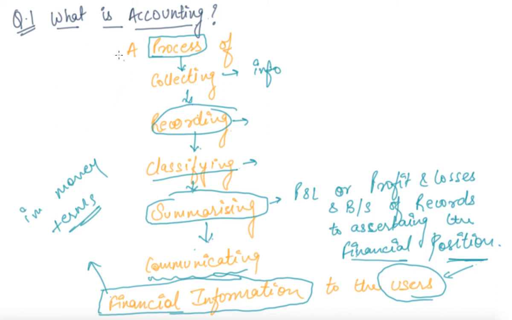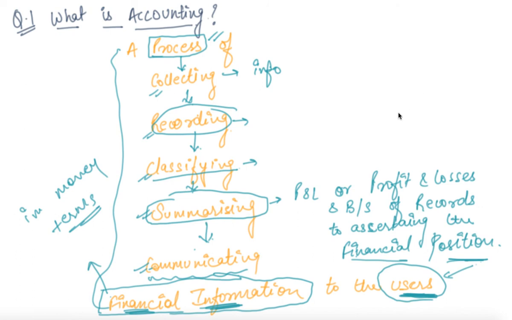So, in the complete definition, the important terms are process, collection, recording, classifying, summarizing, communicating the financial information to the users. Okay.